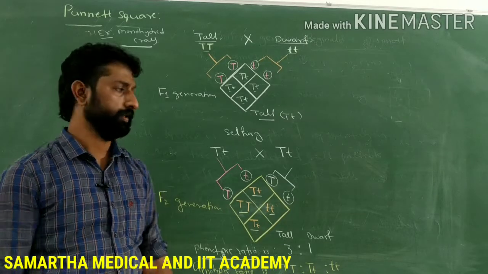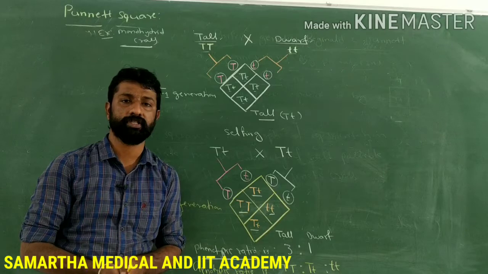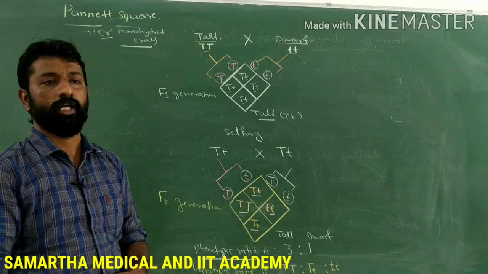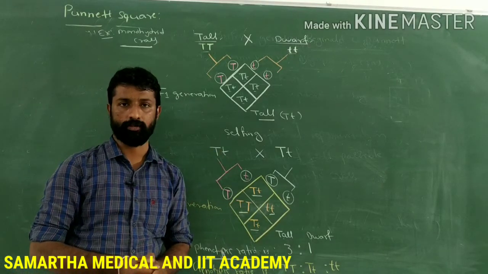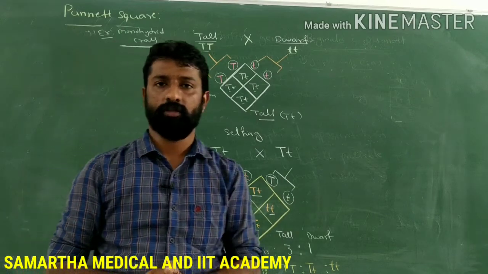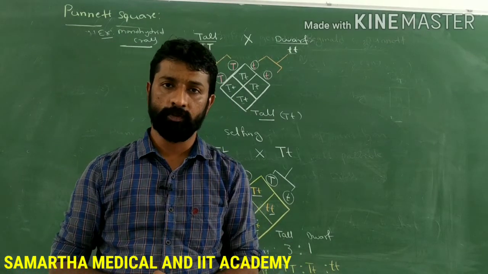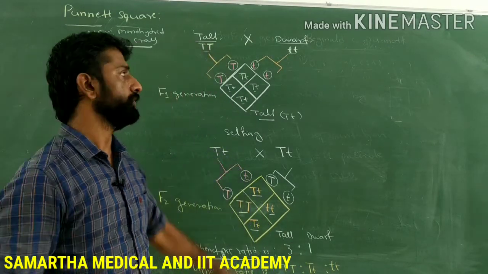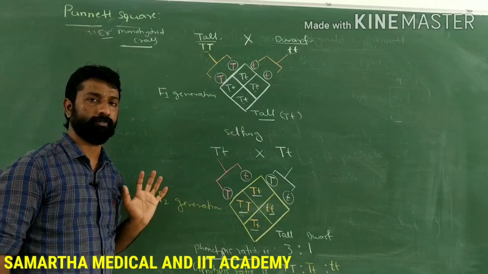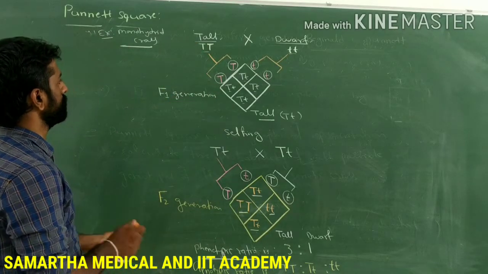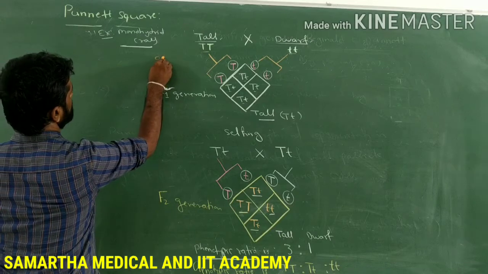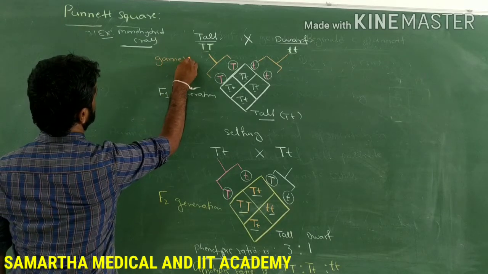Is it clear, guys? So this is how we can represent the genetic cross by using a Punnett square. So in your PU examination, if a schematic representation of the monohybrid cross is asked for 5 marks, you have to represent that cross in this way. Here you need to clearly mention where you are writing the gametes.